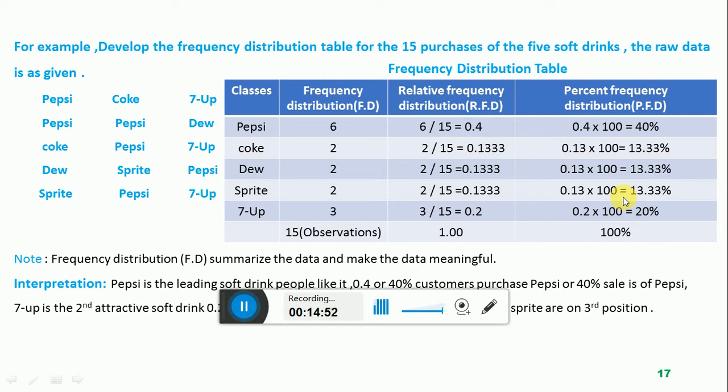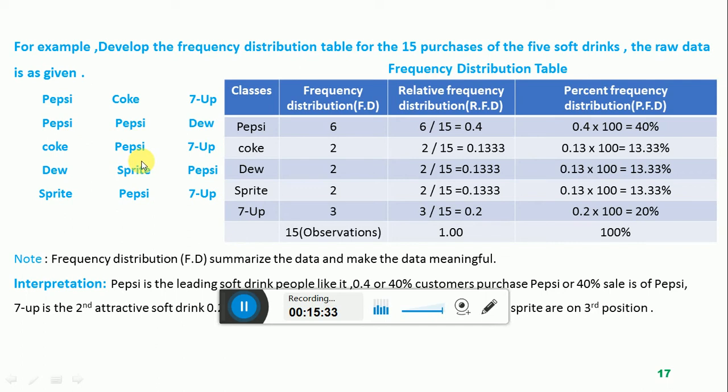So we developed the frequency distribution table for the 15 purchases of 5 soft drinks, and now this table can interpret and summarize the data, making it easy to read and understand. Note that the frequency distribution table summarizes the data and makes it meaningful, because in the raw form a statistician can say nothing about this data: just Pepsi, Pepsi, Coke, Dew, Sprite, Pepsi, Sprite, Coke, Pepsi.